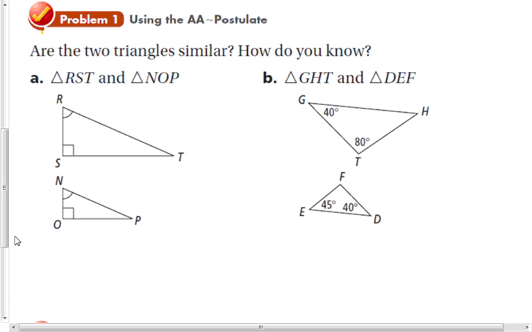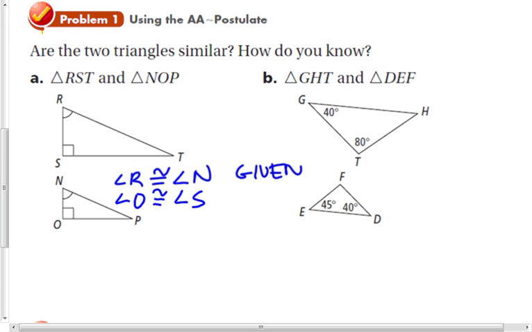So we have this one. We have angle R is congruent to angle N, and that's given. And then we have angle O is congruent to angle S, and that's because all right angles are congruent. All right.